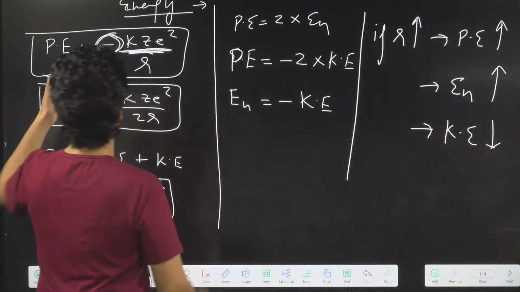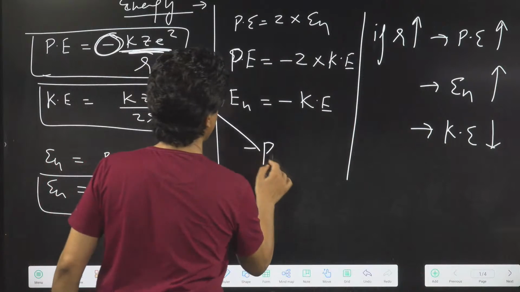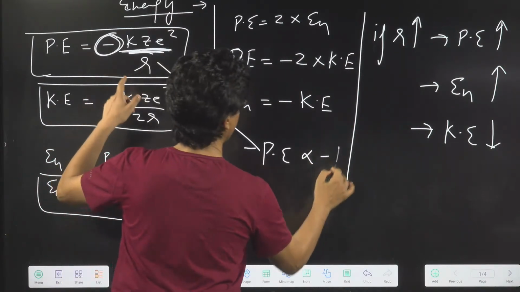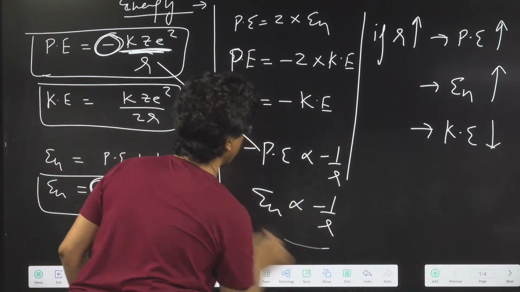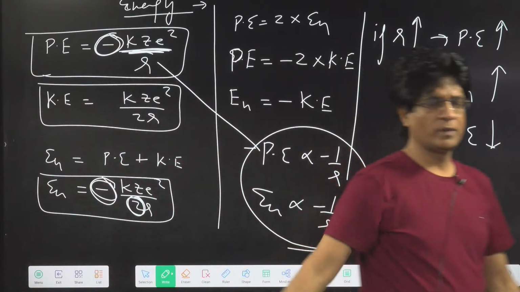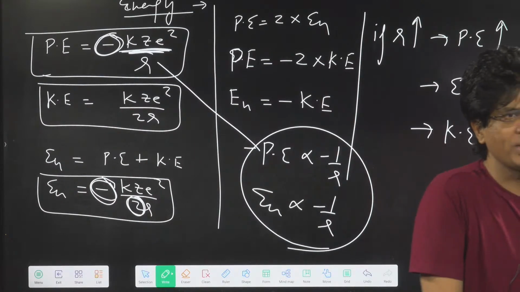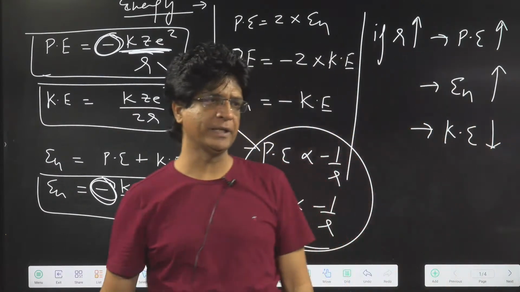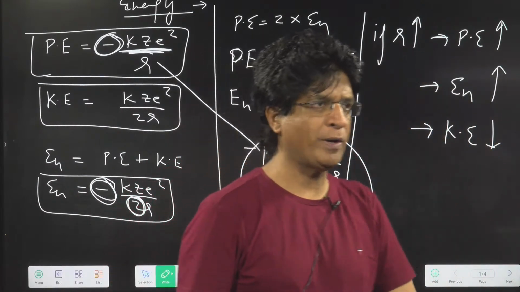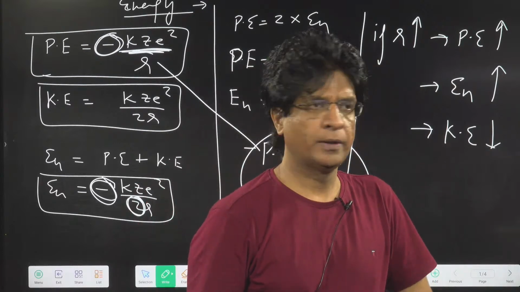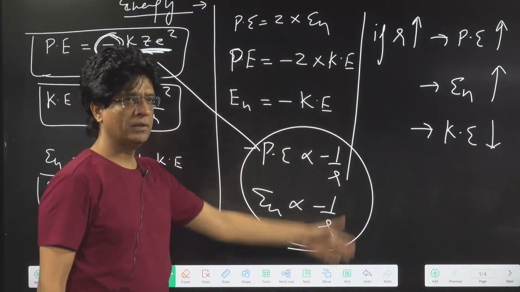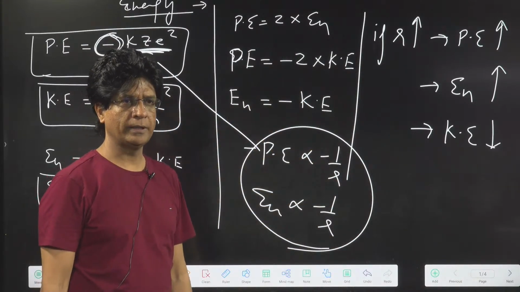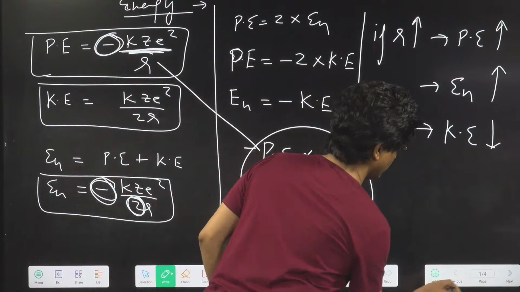See that out here, potential energy is proportional to minus of 1 by r, and En is also proportional to minus of 1 by r. Agree or not? So they will give you almost similar graphs. There are 3-4 questions in the module, and chances are they will ask you in the exam also.